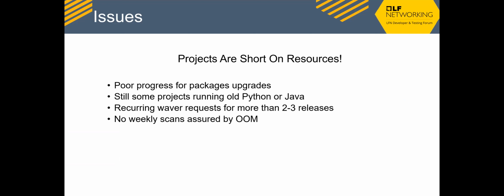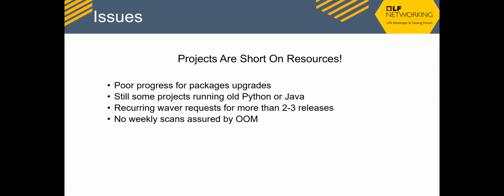So there is some poor progress on package upgrades. It's great that some projects are able to complete it, or it's work in progress. But there are some projects that are not doing it at all because of no resources. We still have some projects that are running old Python and Java. This is not secure, and we hope that within the London release we could finally complete this journey.